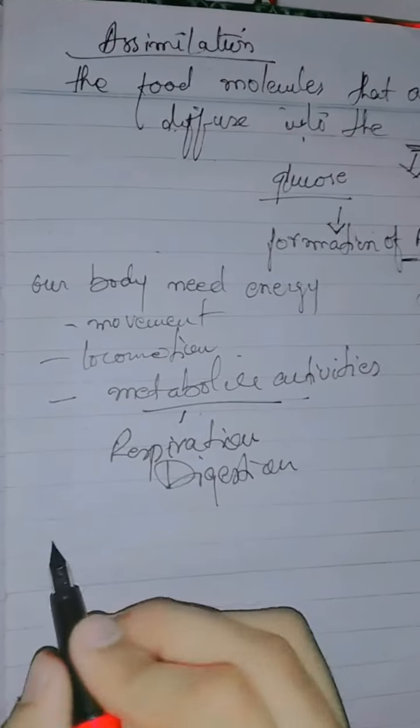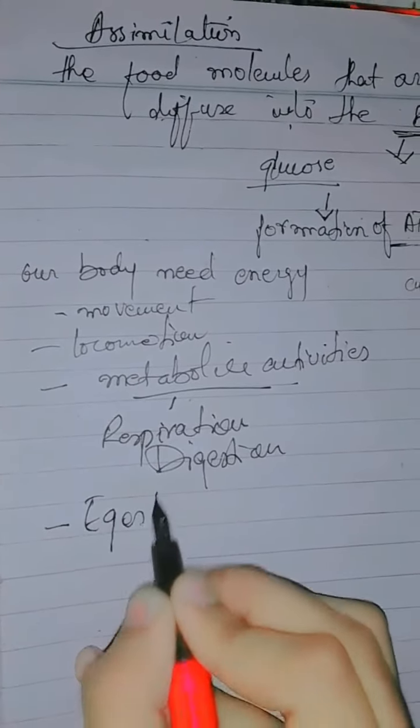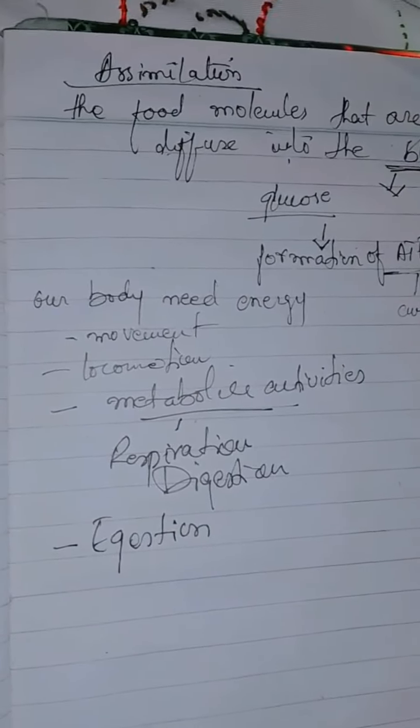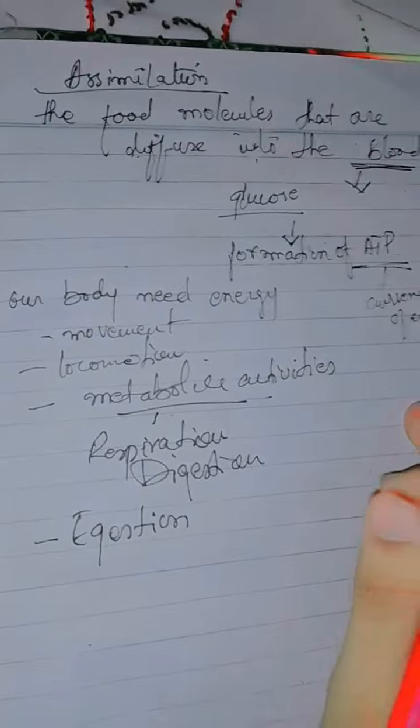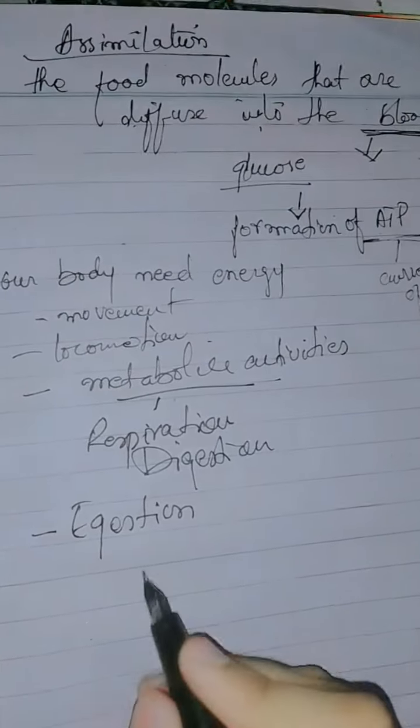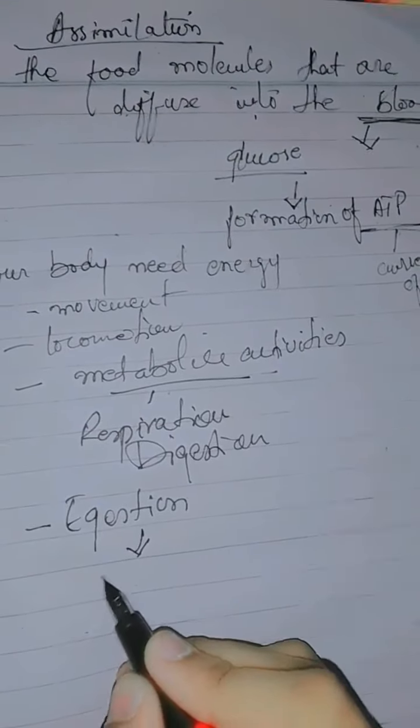Now the last step will occur, that is egestion. As some food particles digest and diffuse into the blood, that process has been done. Now some food particles are undigested.